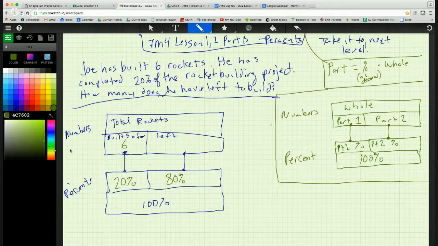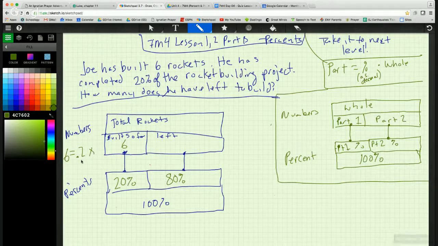So let's see. We have a part equals percent times whole problem. We have 2 of them. We have one over here on the left, and we have one over here on the right. Well, the right one, there's 2 things we don't know, so we can't use that one yet. So part equals percent times whole. So part is 6 equals percent as decimal, 0.2, times the whole.